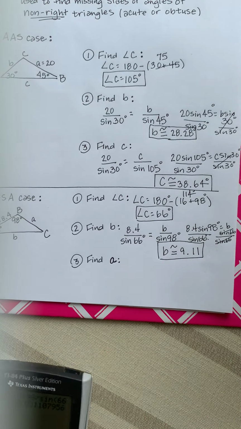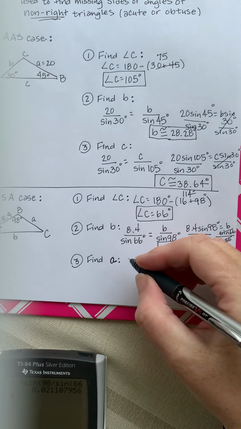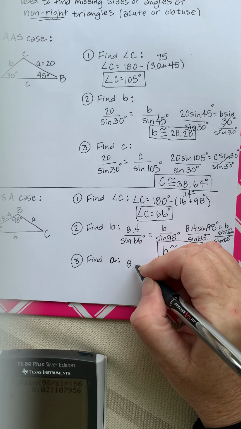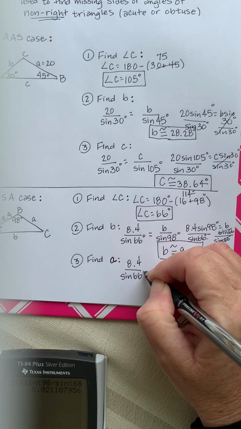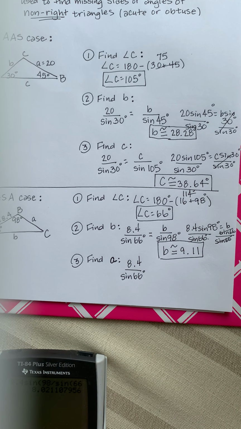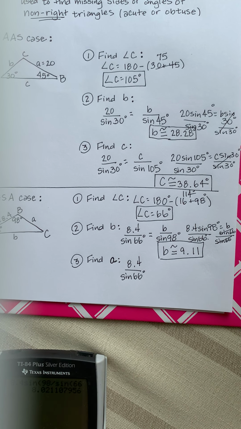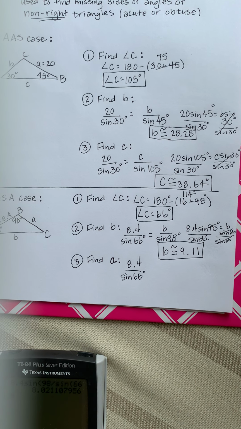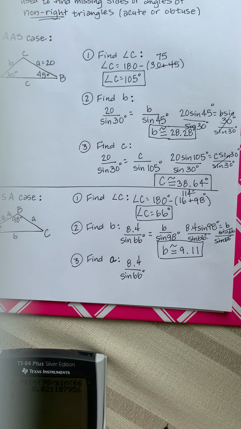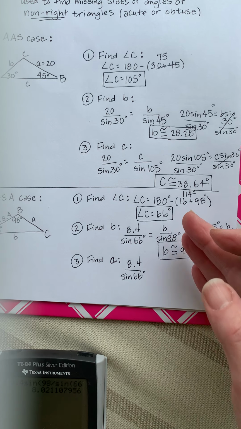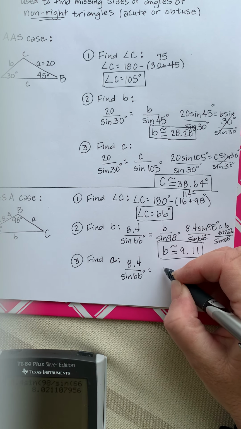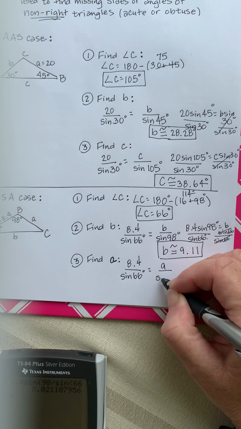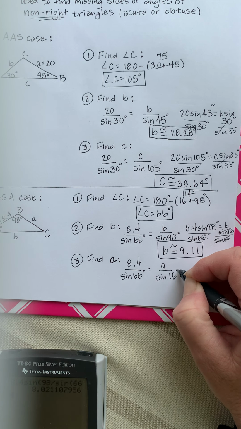Okay? All right, and then to find angle A, we can again start with the same pair. We'll start with our C's, okay? Because we were given those, we know those are correct. I don't want to use the B's if I can help it because I found that myself and there could be a problem. And if that's a problem, then I'm going to cause another problem, okay? And this is equal to side A over the sine of 16.